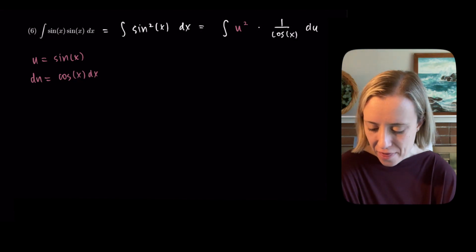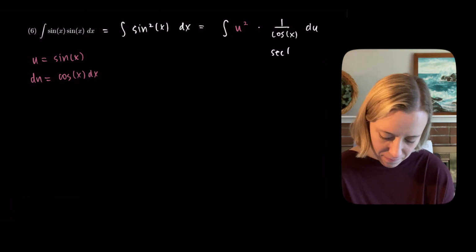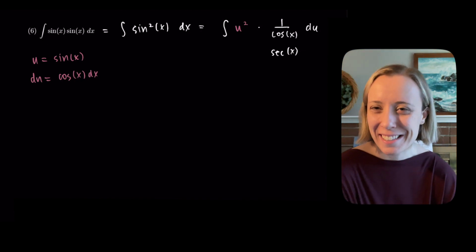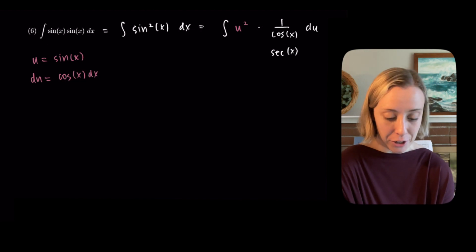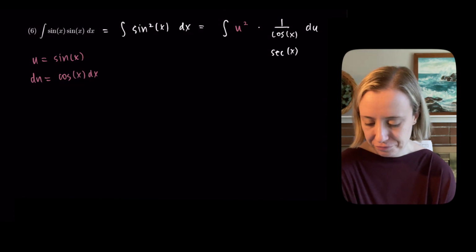And 1 over cosine is secant. But what are you going to do with secant? Now we have an integral that has a u and a secant in it. Not great. We basically just introduced another trig function in here.